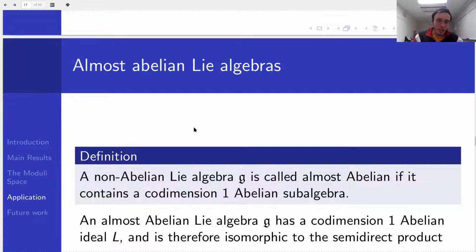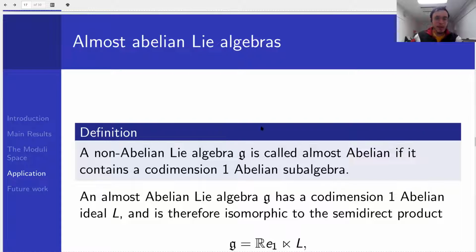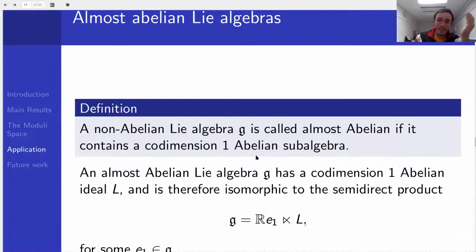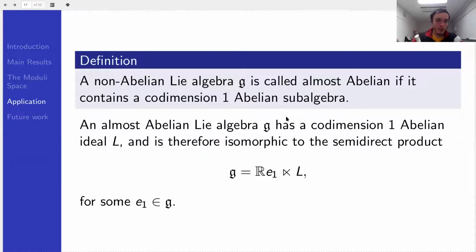So it seems natural to ask what happens with almost abelian groups and maybe study some cases there. Almost abelian algebras in some sense are the closest you can get to an abelian one, so we hope that the automorphism group is also very nice or very big.